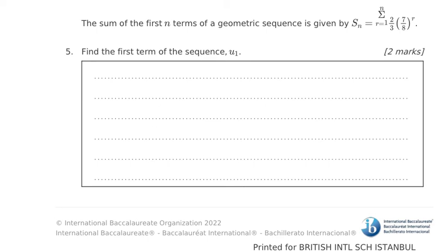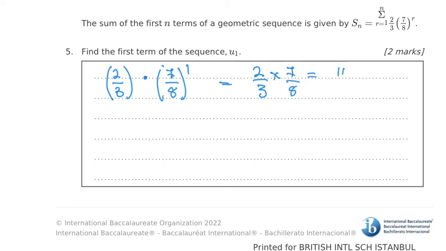To find u1, we substitute r equals 1 into the sequence, giving us 2/3 times 7/8 to the power of 1, which is equal to 2/3 times 7/8, giving us 14/24, which is equal to 7/12. So u1 is equal to 7/12.